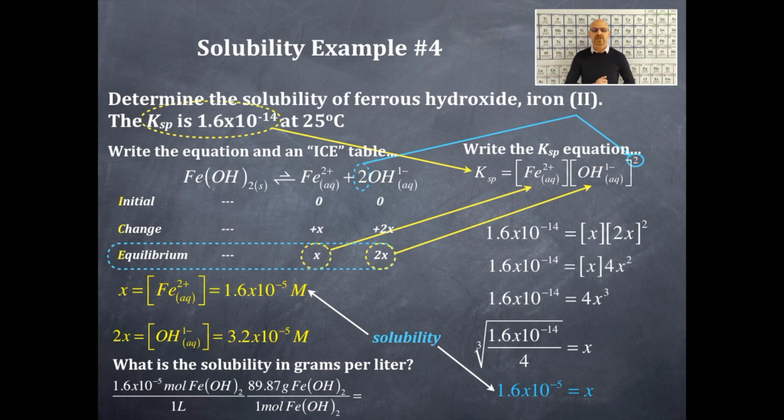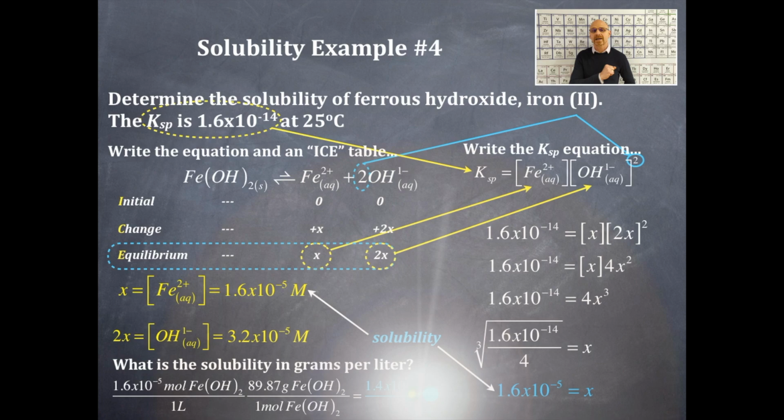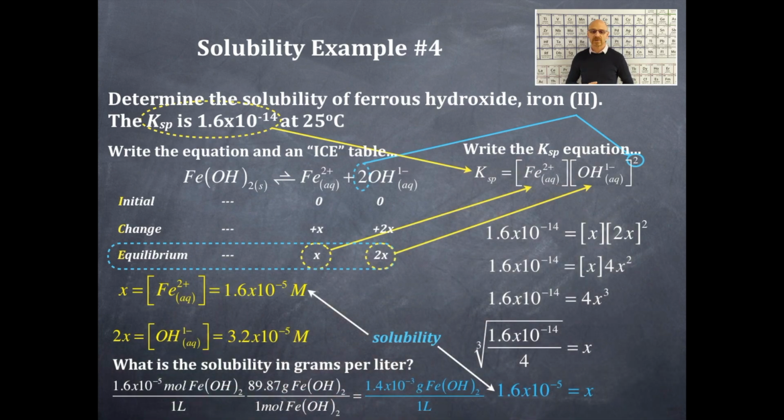And then you should see that the moles cancel out, and you're now left with grams per liter. And this numeric value is 1.4 times 10 to the negative 3 grams of ferrous hydroxide per liter. And that is the solubility in grams per liter.